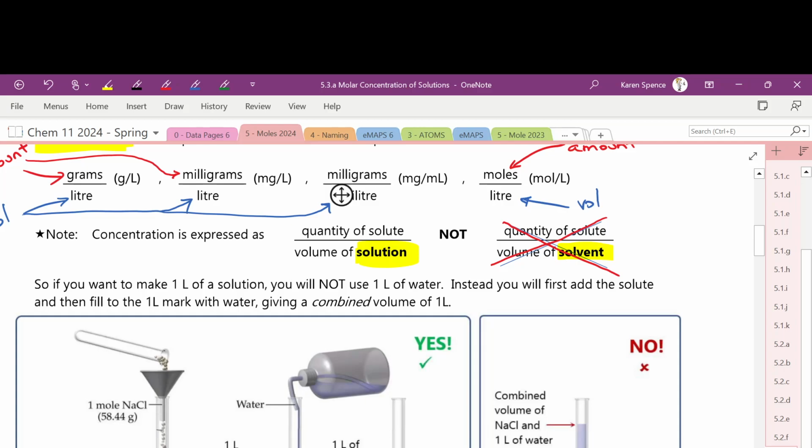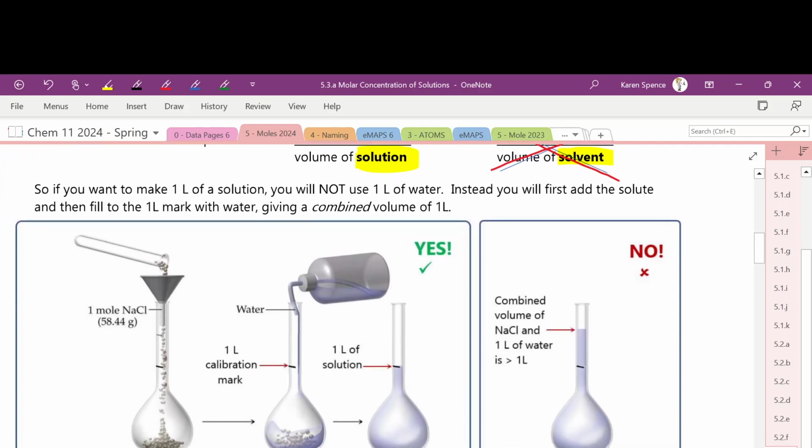So if you want to make 1 liter of solution, you're not going to use 1 liter of water. And the reason is, let's say we want to make a 1 mole of NaCl per liter solution.